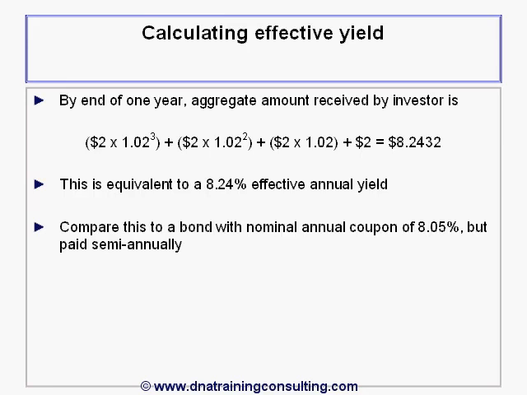Let's suppose we are comparing this bond to another one that pays an annualized coupon rate of 8.05%, but this time paid semi-annually. The equation above for the aggregate amount received by the end of 1 year now reads as follows.